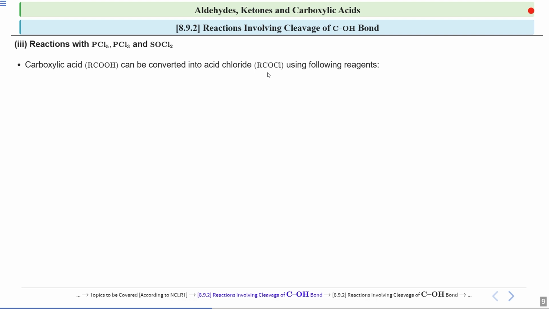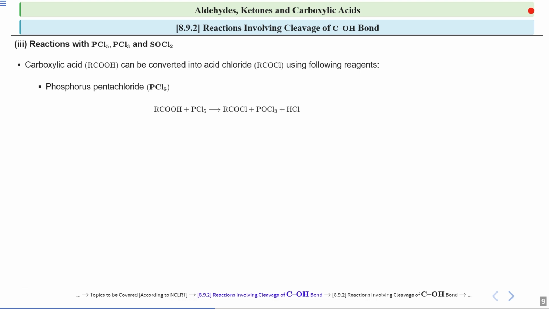This transformation can be achieved using reagents like PCl5, which is phosphorus pentachloride, or PCl3, which is phosphorus trichloride, and thionyl chloride, which is SOCl2. Each of these reagents has its own pathway as well as its byproducts.